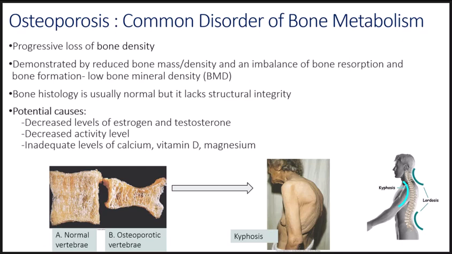In the past, and even some would say now, osteoporosis was considered a consequence of aging. However, some elderly people remain strong and maintain relatively dense bones. Potential causes include a reduction in estrogen and a reduction in testosterone, but this is a big one because women are more affected than men. Reduction in activity level. The reason for this is because every time we do any form of weight-bearing activity, we build bone.